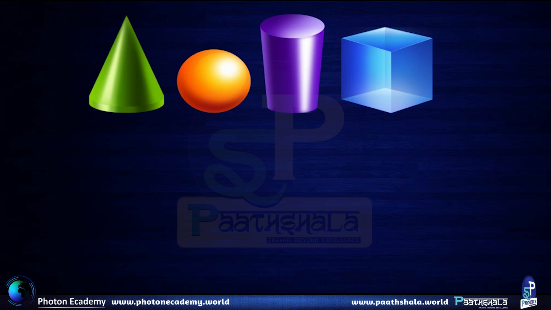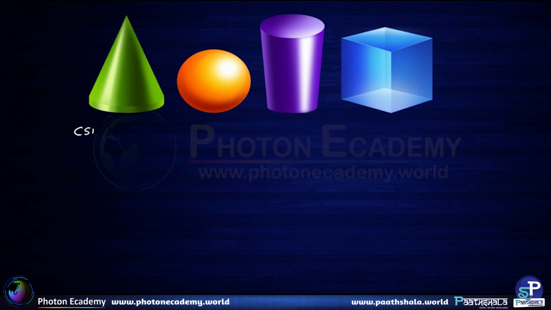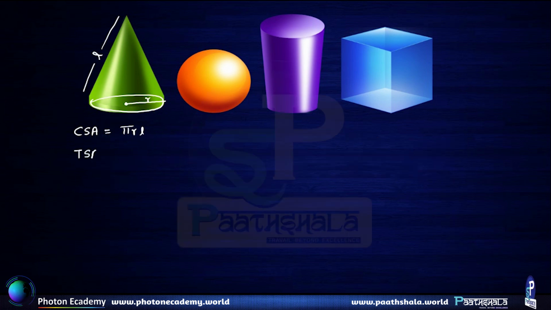So these are a few three-dimensional objects. So the first one is a cone. The curved surface area of the cone is equal to pi r L, where r is the radius of the base of the cone and L happens to be its slant length. The total surface area of the cone is equal to pi r L plus the area of the base.